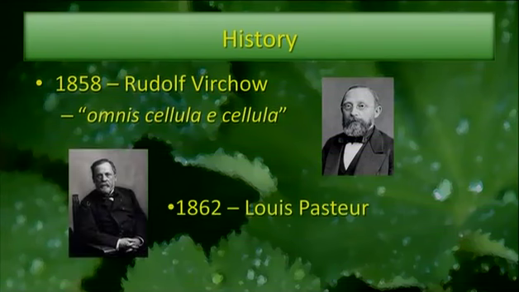And in 1862, just 2 years later, the brilliant Louis Pasteur did his experiments using broth in swan neck flasks. He was able to show that the broth in the flasks remained clear or uncontaminated as long as they were not exposed to any kind of outside microbes in the air.